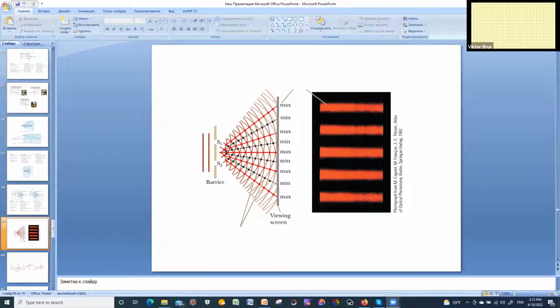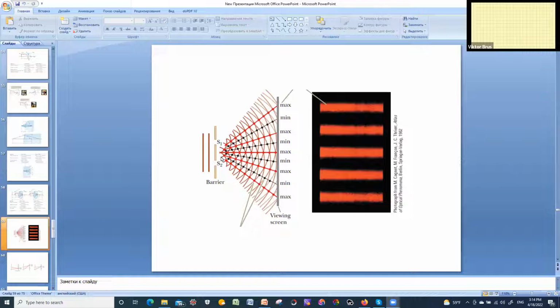So this light would spread in different directions, and also in those areas where it should not be if it follows geometric optics rules. So that's why these two slits should be very, very small.